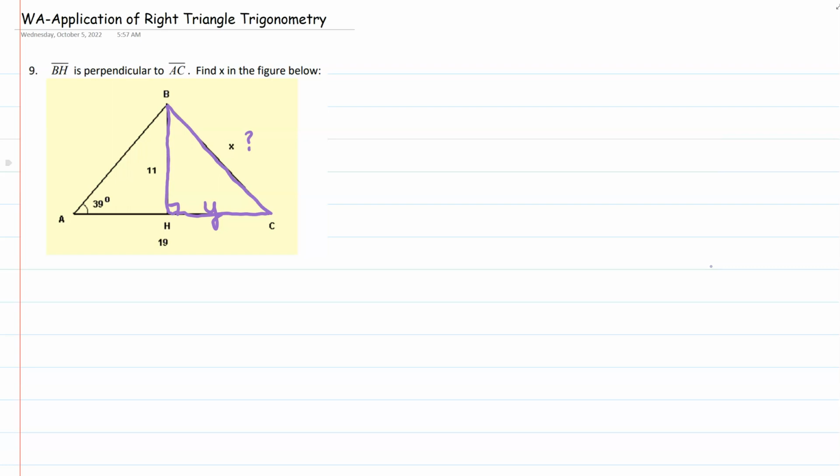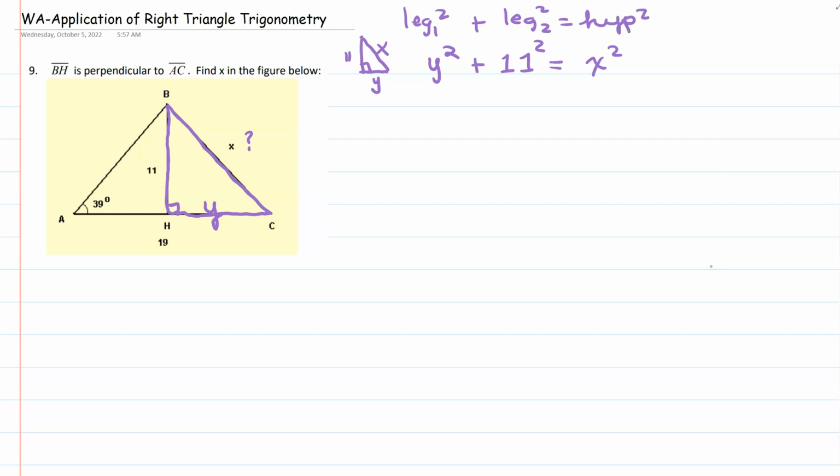If we know what Y is, then we can use the Pythagorean theorem, meaning Y squared plus 11 squared is equal to X squared within that right triangle where you have 11, Y, and X. Pythagoras said leg 1 squared plus leg 2 squared is equal to the hypotenuse squared, and that's what we get. Now, if we know what Y is, then we can solve for X. Okay, so that's the plan.